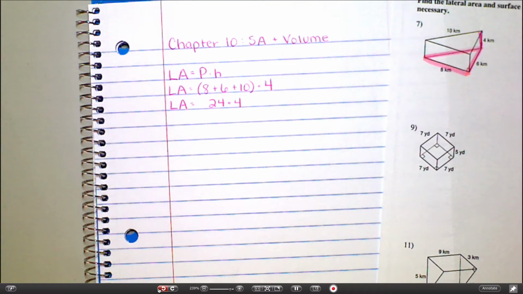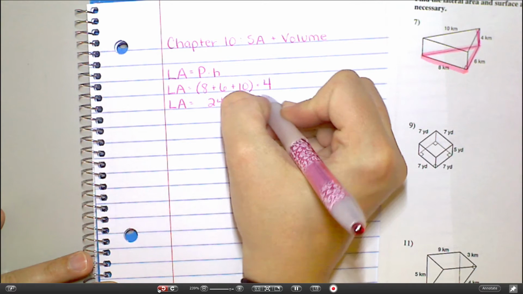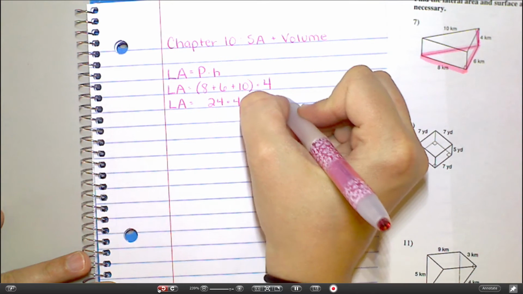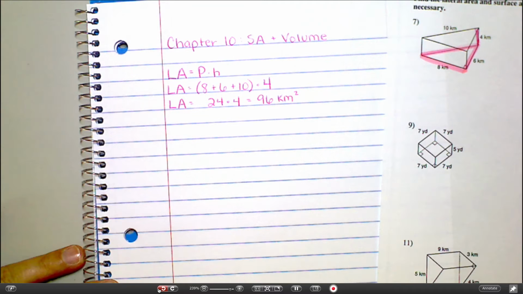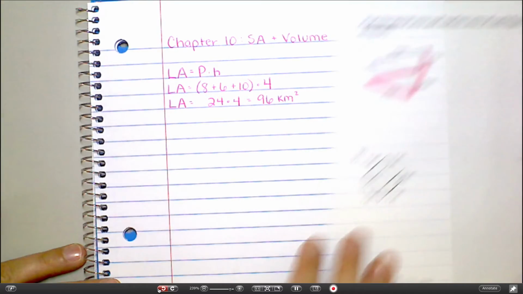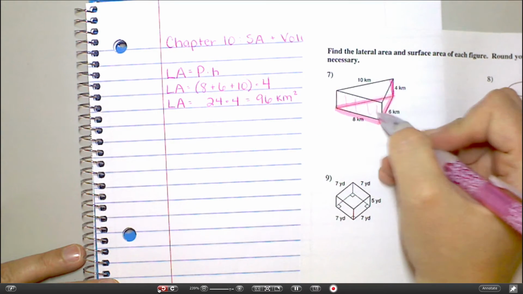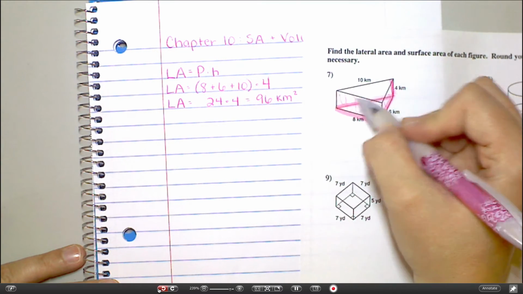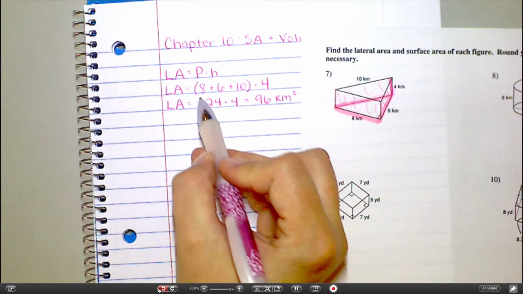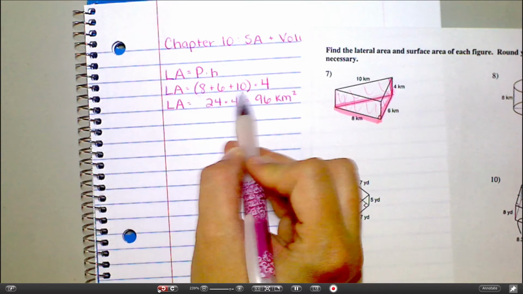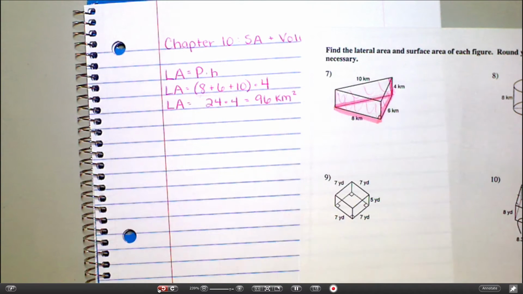And then what is 24 times 4? 96, yep. So for this one, my lateral area would be 96 square kilometers. Okay? So instead of finding this rectangle and then this rectangle and then this rectangle and putting the 3 rectangles together, I put the 3 rectangles together right at the beginning by doing the perimeter and then just multiplying all of them by the height.